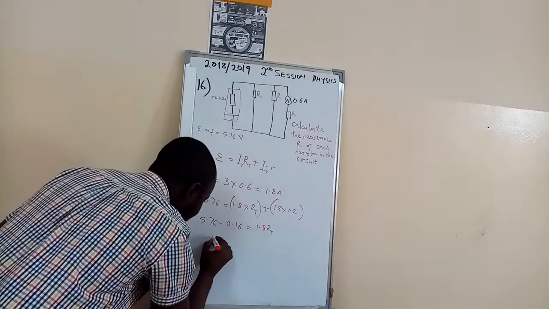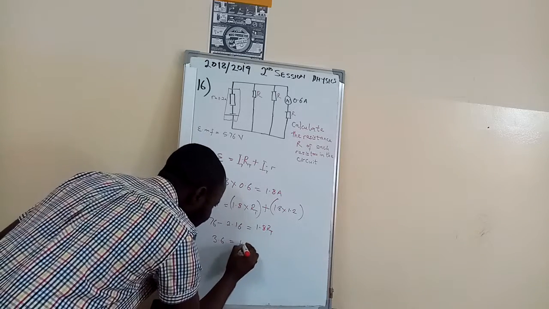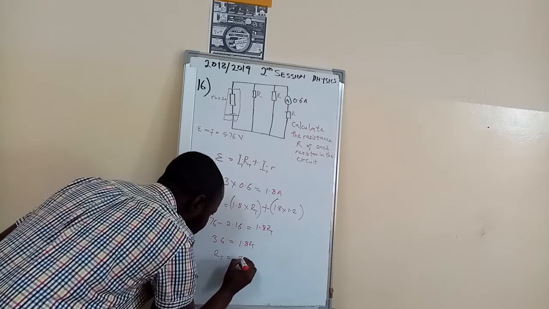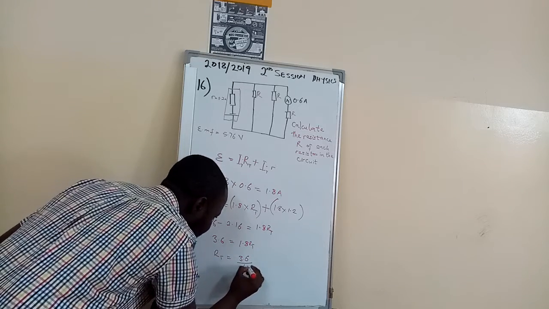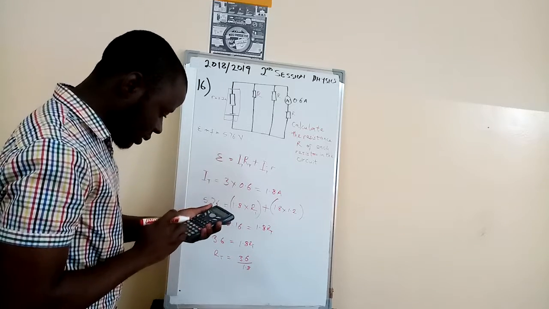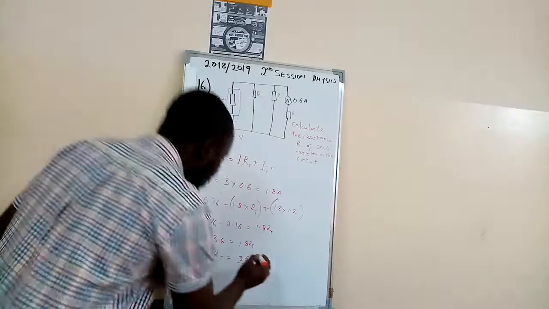That will give me 3.6. So I have 3.6 is the same thing as 1.8 R total. So my total resistance is equal to 3.6 divided by 1.8. I hope that is making some sense. 1.8 divided by 1.8, so I have 2.